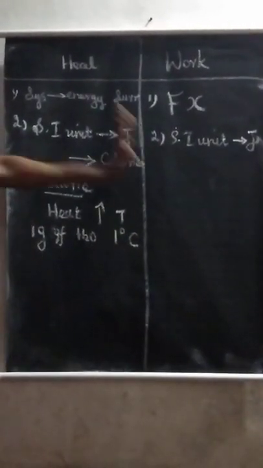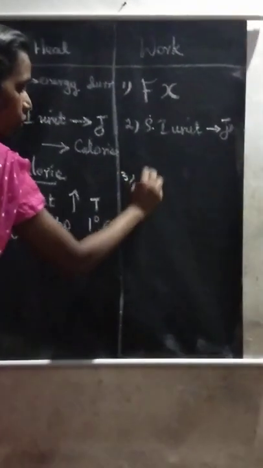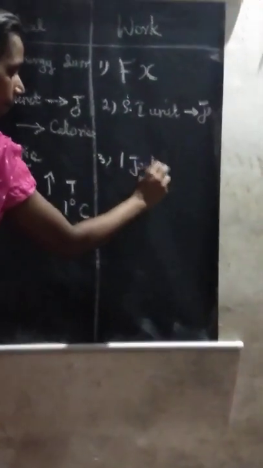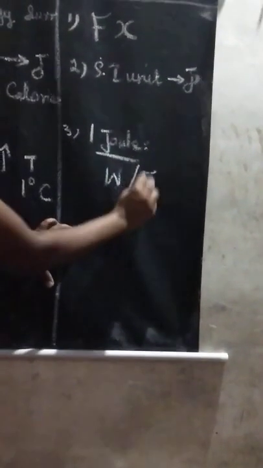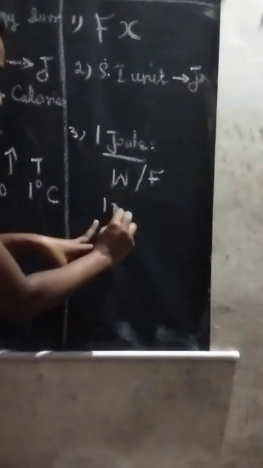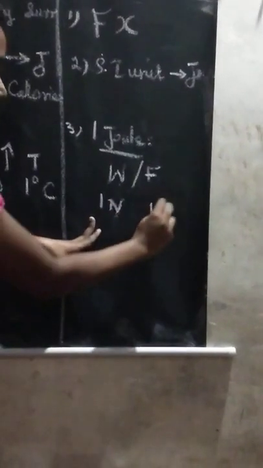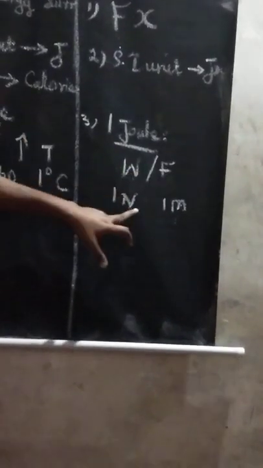Understand? Here we learn the definition of 1 joule. What is meant by joule? Joule is defined as the work done by a force of 1 Newton through 1 meter.